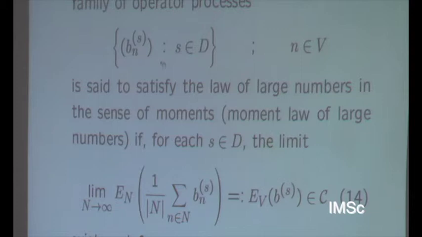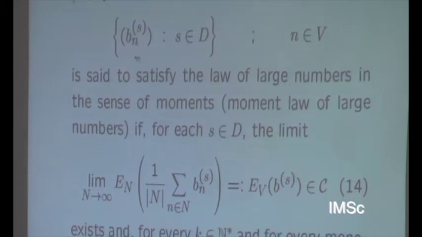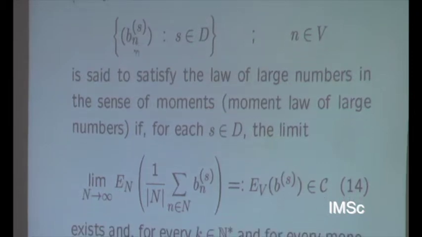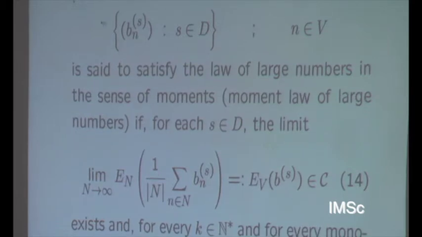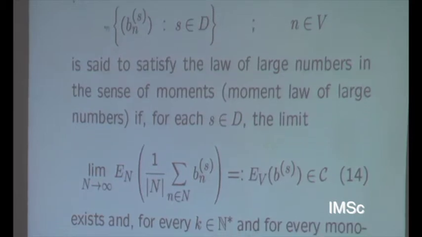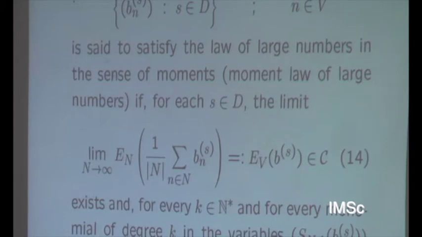So remember, we have this family, in which the index where we sum is n. Then we say that this family satisfies the law of large numbers with respect to the given family of expectations if, first of all, this limit exists.